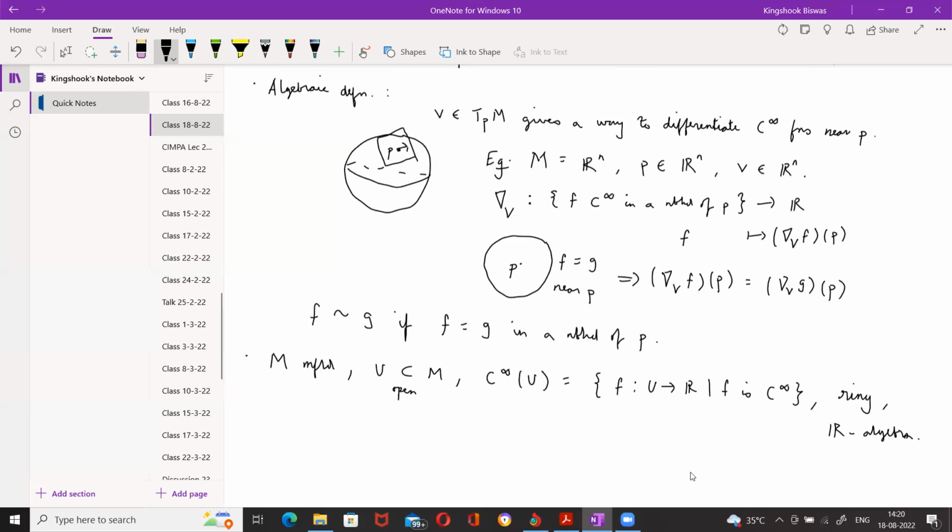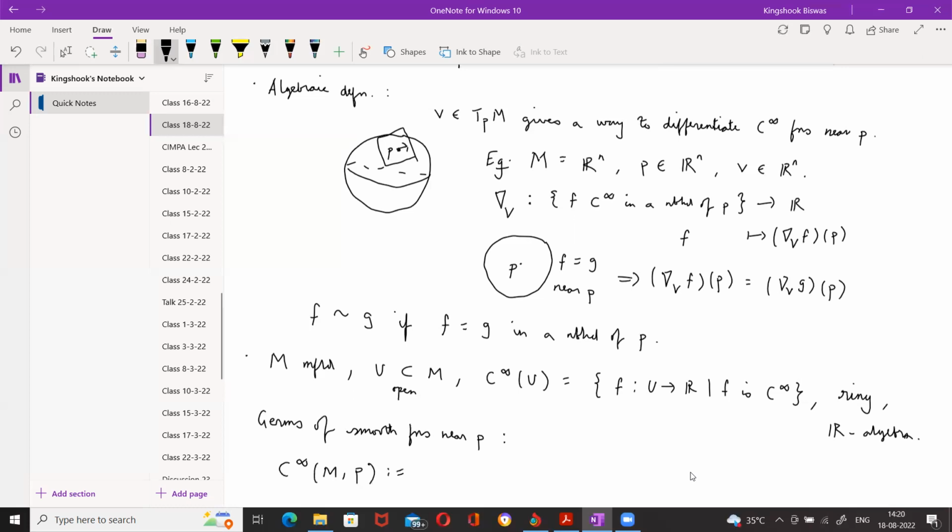Now, what is the space of germs of smooth functions near P? I'm going to call it C infinity(M, P).